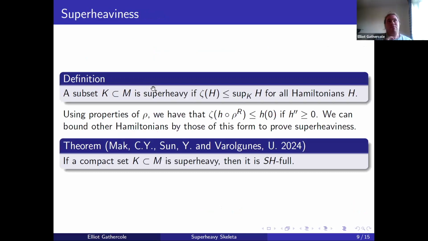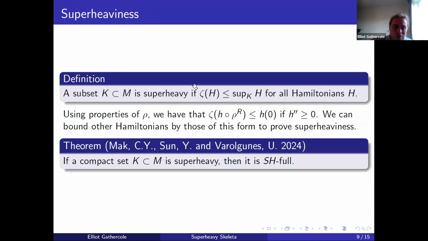So we want to use this Hamiltonian to prove this property called superheaviness, which is, so for each Hamiltonian H, we get this number zeta, which is to do with how a certain spectral number which we get from the associated Hamiltonian flow cohomology changes as H is rescaled by some factor.